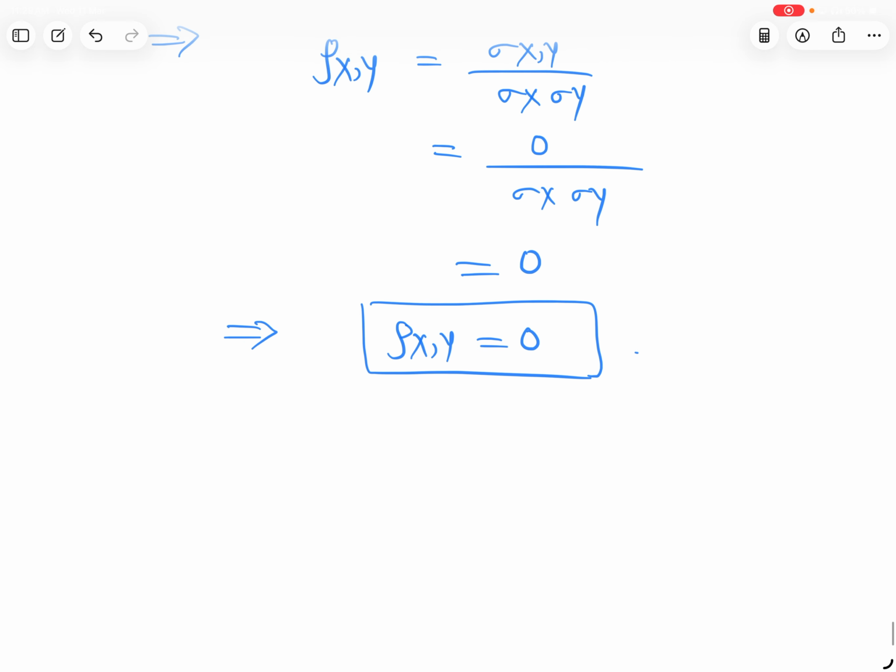See, by the help of Cauchy-Schwarz inequality, what we have?